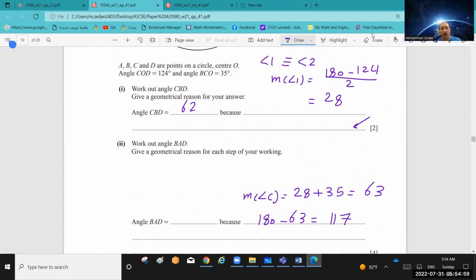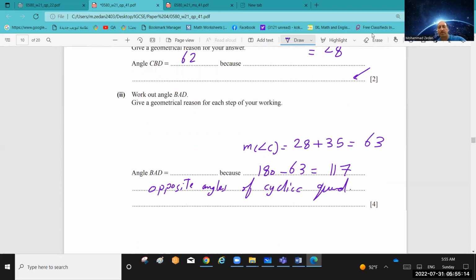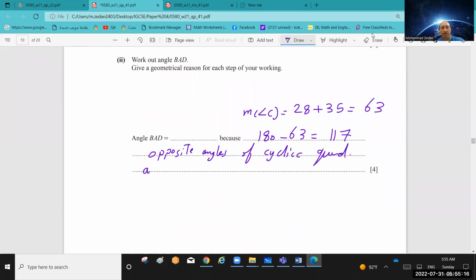Since opposite angles in a cyclic quadrilateral are supplementary, or add up to 180.